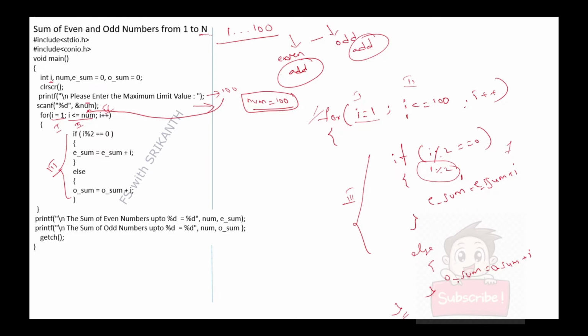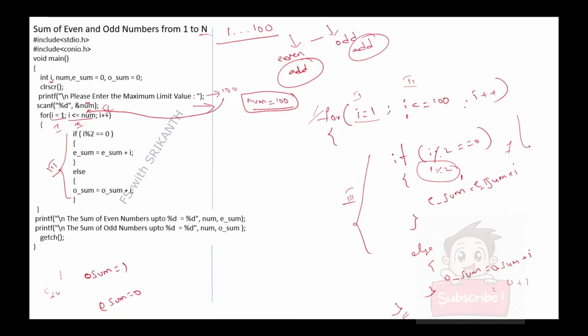Then the else block does odd sum equal to 0 plus the value of i right now, which is 1. The odd sum value is updated with 1. After evaluating this third part, control moves to the fourth part.